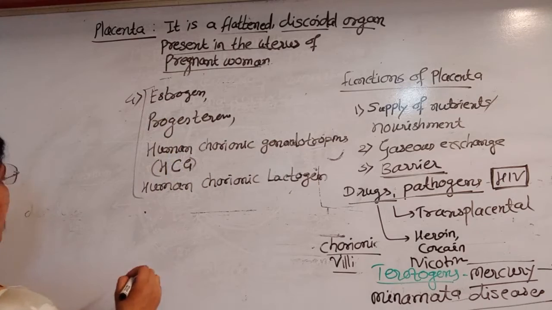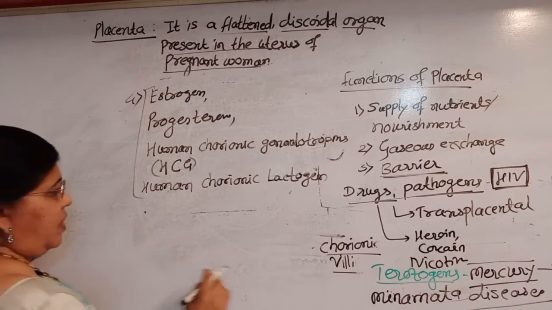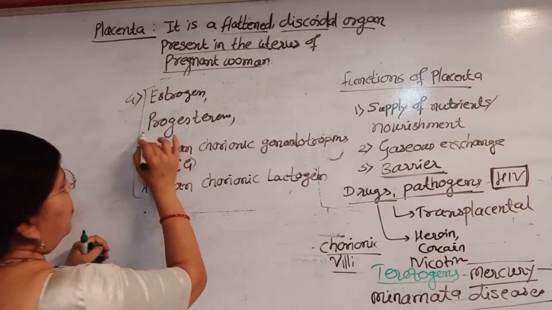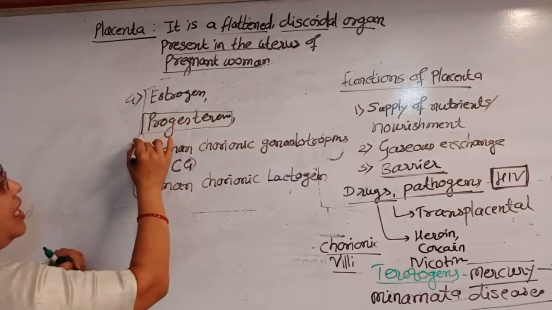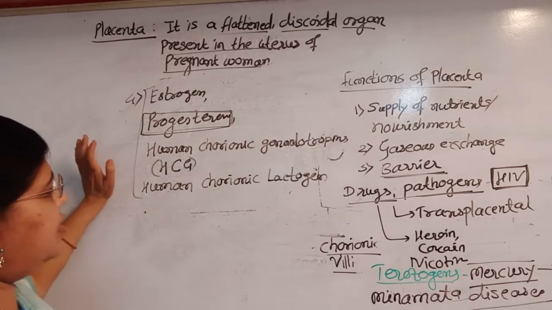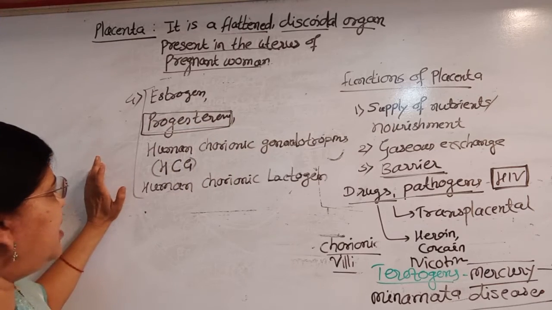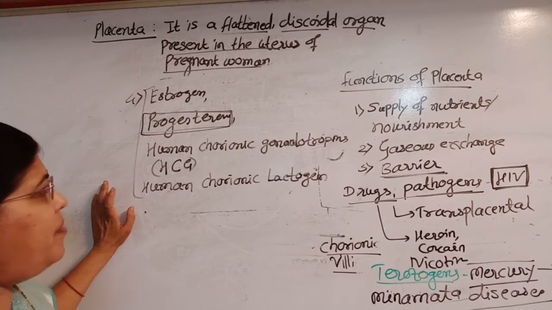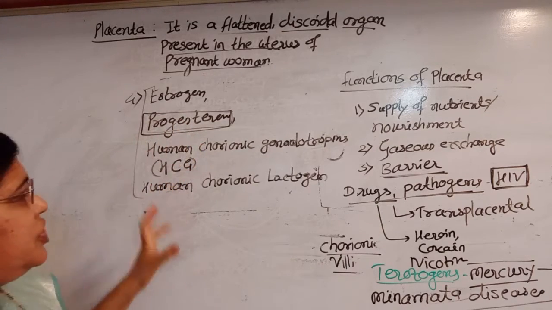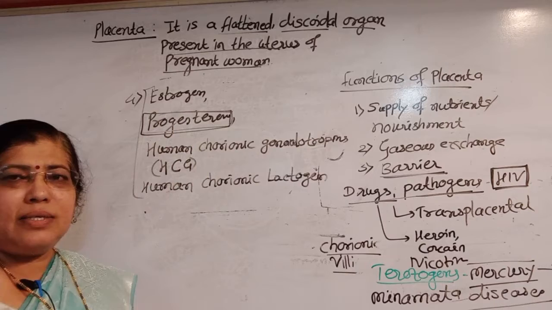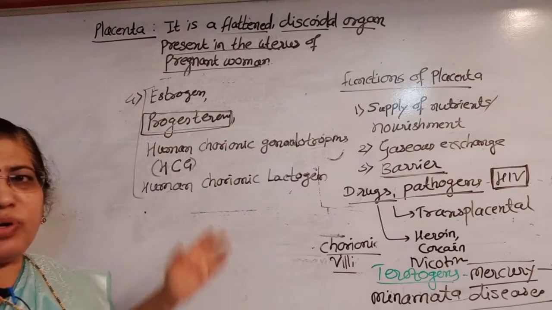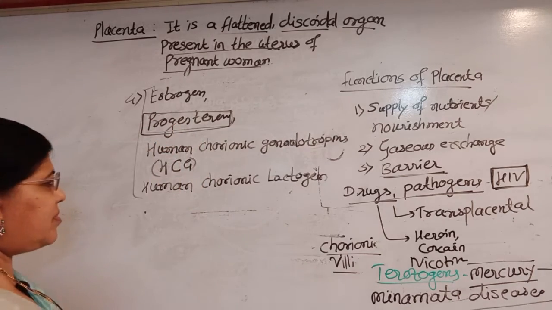These hormones are essential for development of the fetus and for maintenance of pregnancy. Progesterone is secreted by the corpus luteum, but after the third trimester the corpus luteum degenerates and the placenta is fully formed, and the placenta starts the secretion of progesterone. Progesterone is called the pregnancy maintaining hormone because it maintains pregnancy.